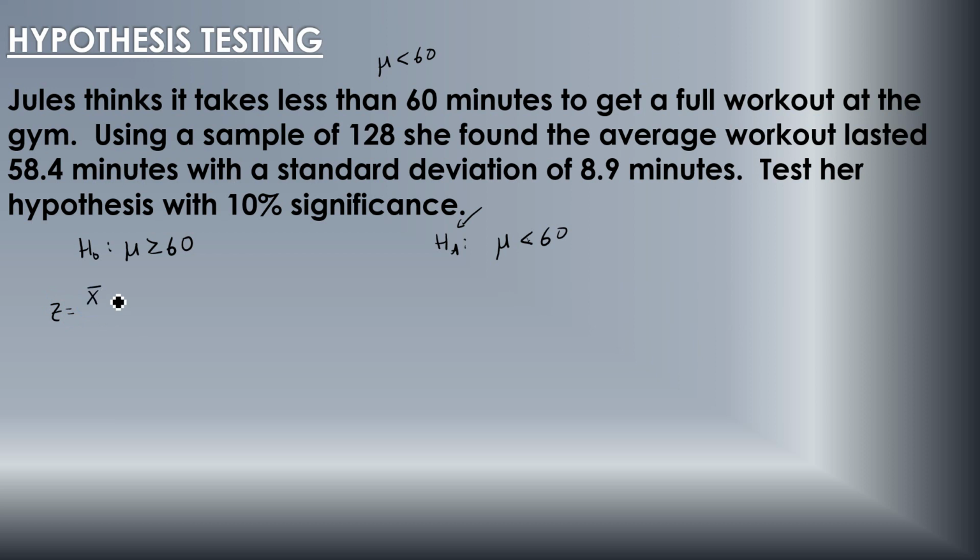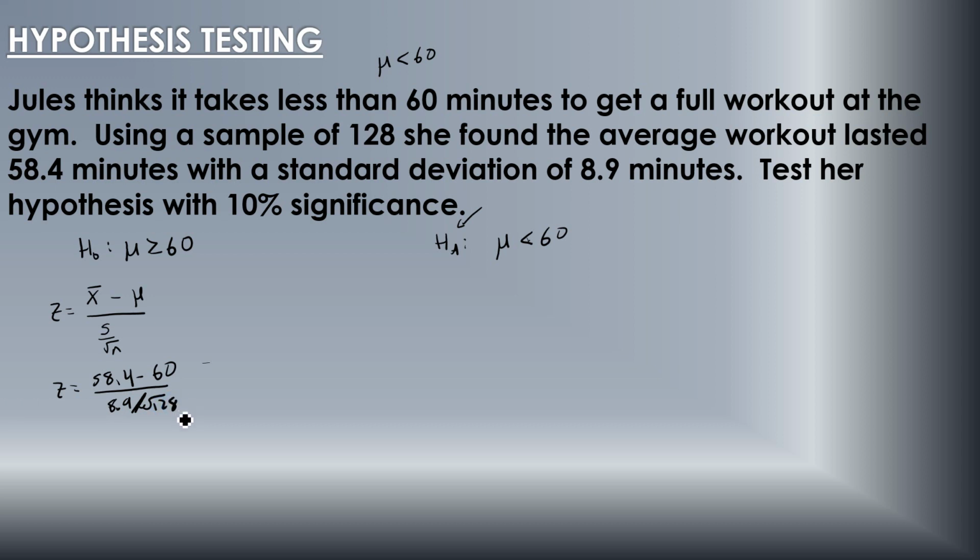The z-score for when we're doing testing is our sample mean minus our claim, divided by our sample standard deviation divided by the square root of our sample size. So we're going to take our sample mean, which is 58.4, subtract our claim, 60, and have it over the standard deviation, and divide that by the square root of our sample size.